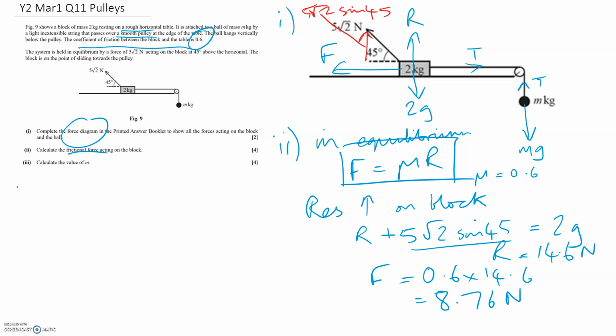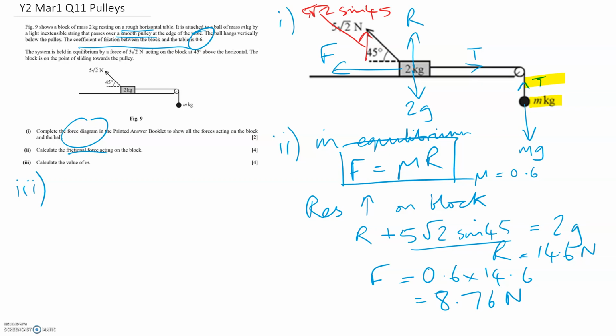So last part of the question, part 3, I've got to calculate the value of m. In order to find the value of m over here, we're going to need to find the tension first.